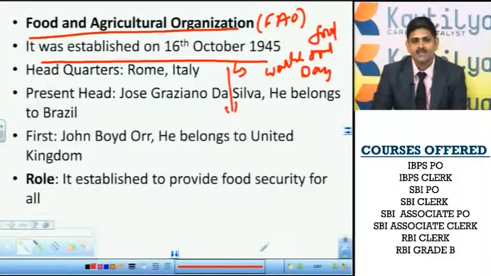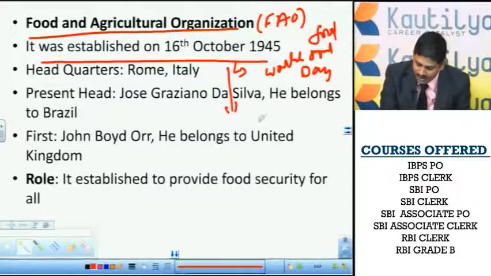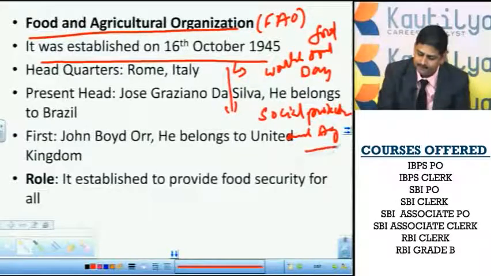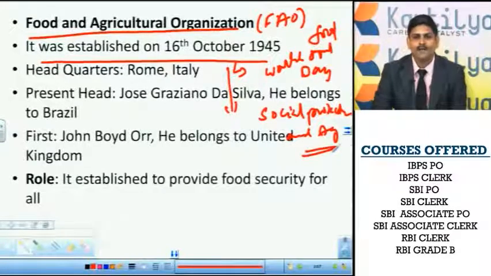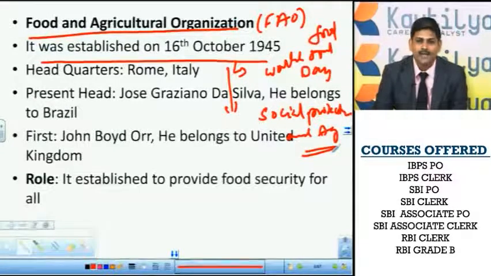So, what was the theme in the 2015 celebration? Social protection and agriculture. Now what does it imply? It implies that without agriculture, social protection is not possible, because if good agriculture is there, it leads to good production. Good production leads to the social development of poor people.